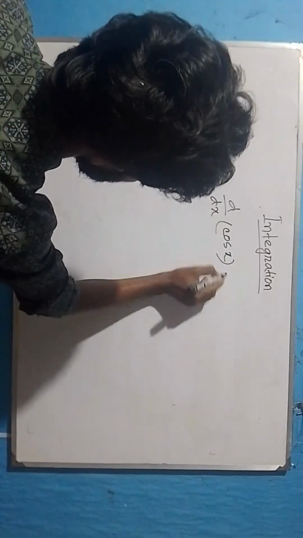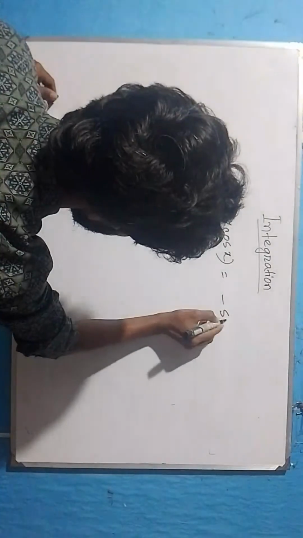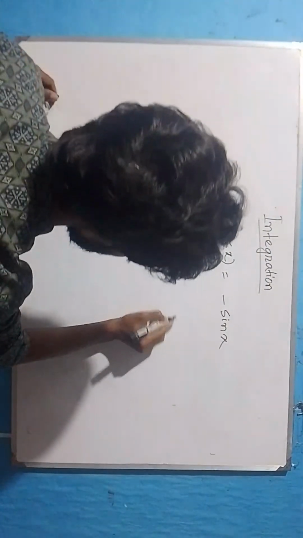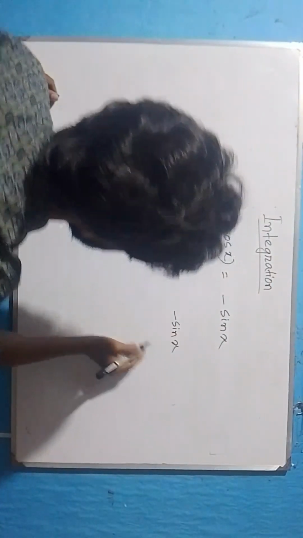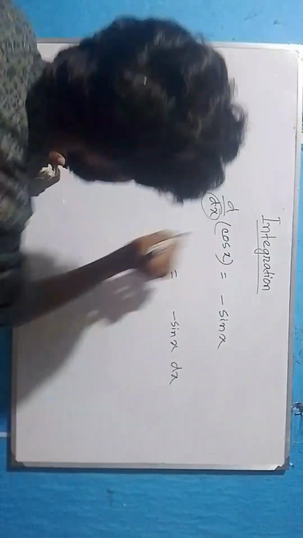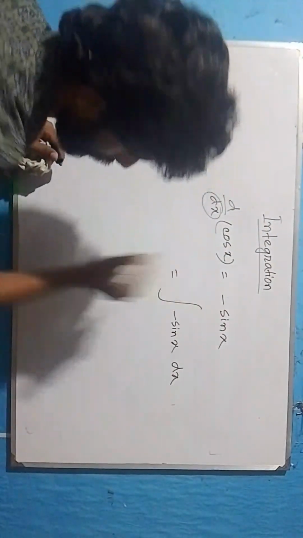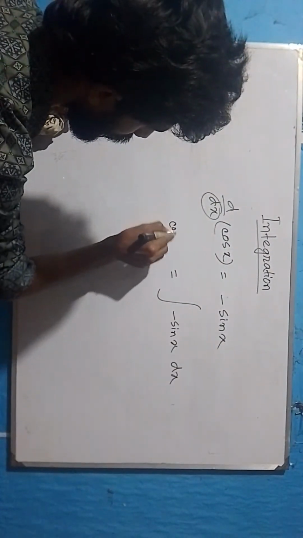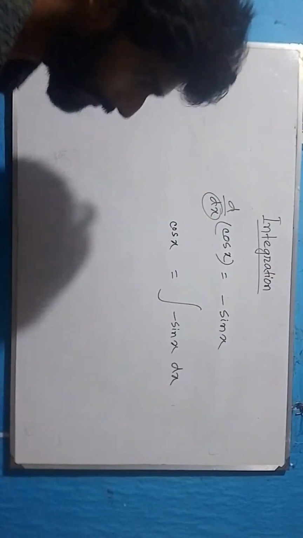Similarly, if you take the derivative of cos x with respect to x, you will get minus sine x. So here you have minus sine x, then this dx comes here, d becomes the integral sign, and here only cos x is left.